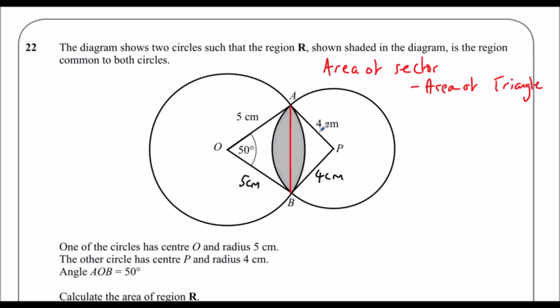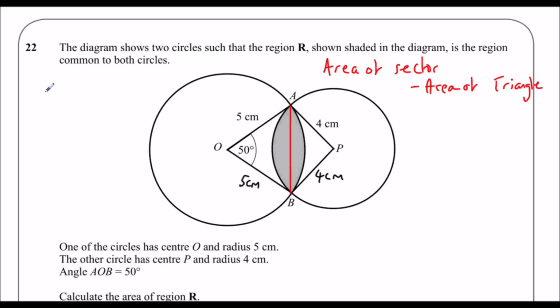To do that, we're going to have to use the cosine rule to find this length AB, and then the cosine rule again to find the angle. So we're going to use the cosine rule twice, once to find the length, and then once we've found that length, we'll use it again to find the angle, and then we can work out the area of the sectors and the areas of the triangles and take them away.